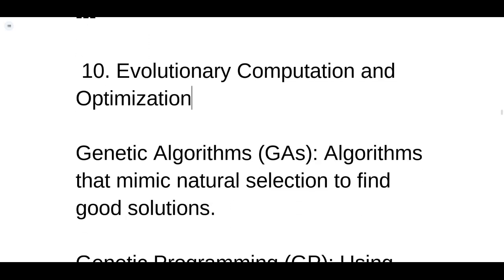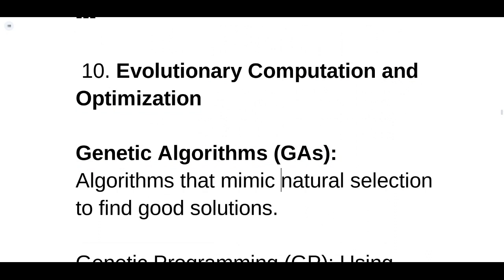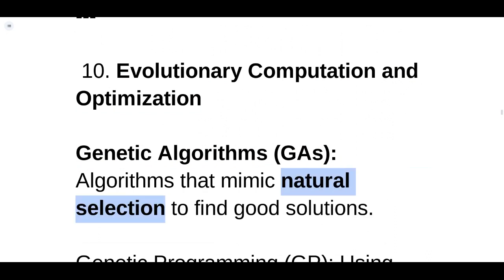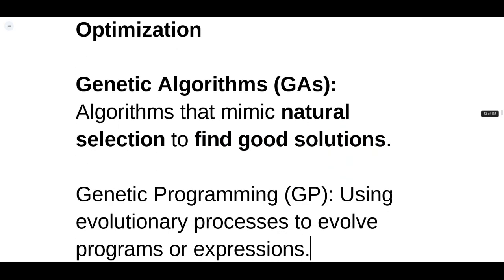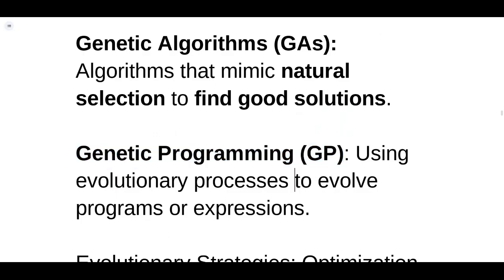Then comes evolutionary computation and optimization. So we have genetic algorithms that mimic natural selection to find good solutions. Genetic programming, using evolutionary processes to evolve programs or expressions.